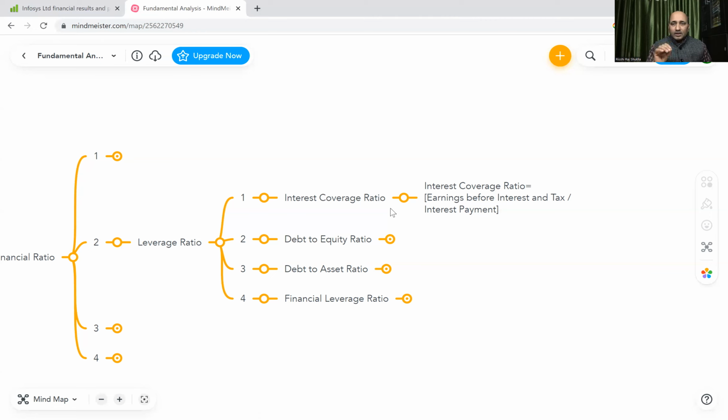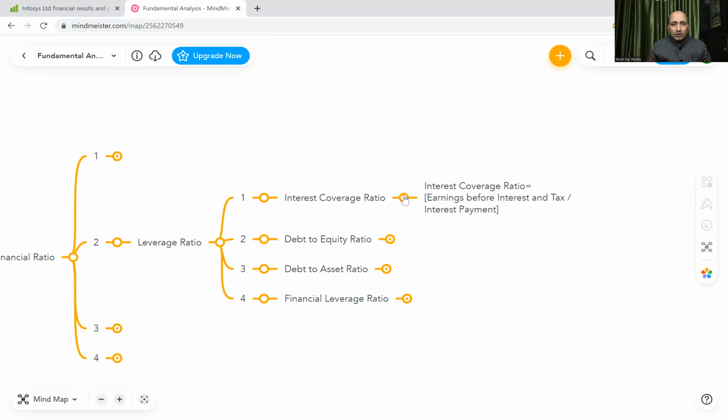It is simply EBIT, short form for earnings before interest, tax, depreciation, amortization, or we can say simply operating earnings. That is divided by interest payment, and then we get the interest coverage ratio.